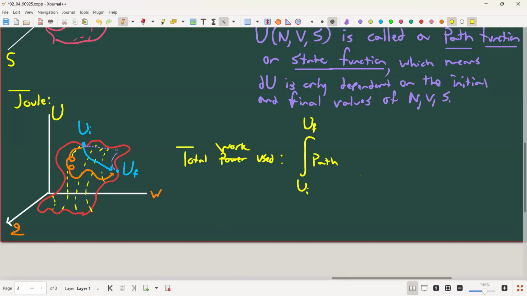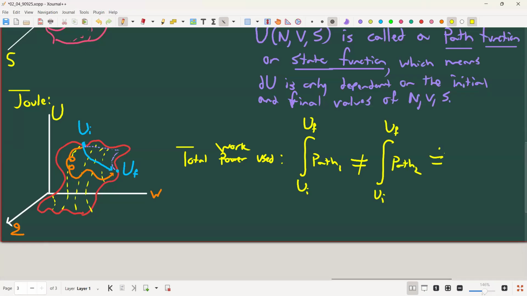And depending on the path, this is not the same. So we pick path 1, and it turns out that when you integrate over path 2, from UI to UF, they're not the same. Every path is different.